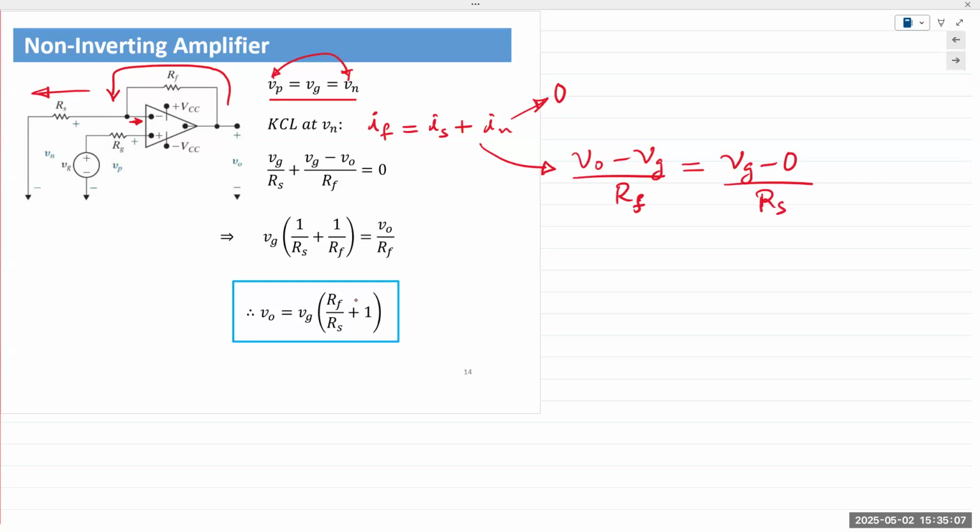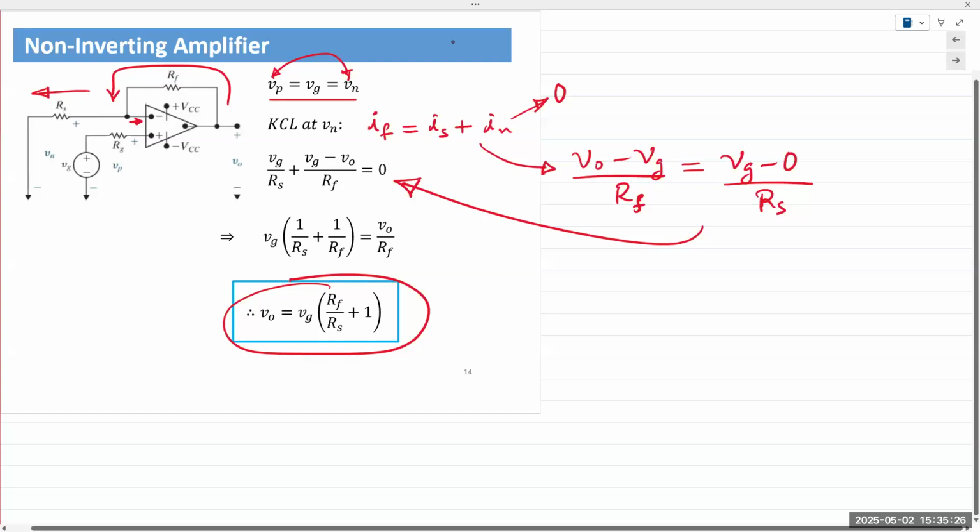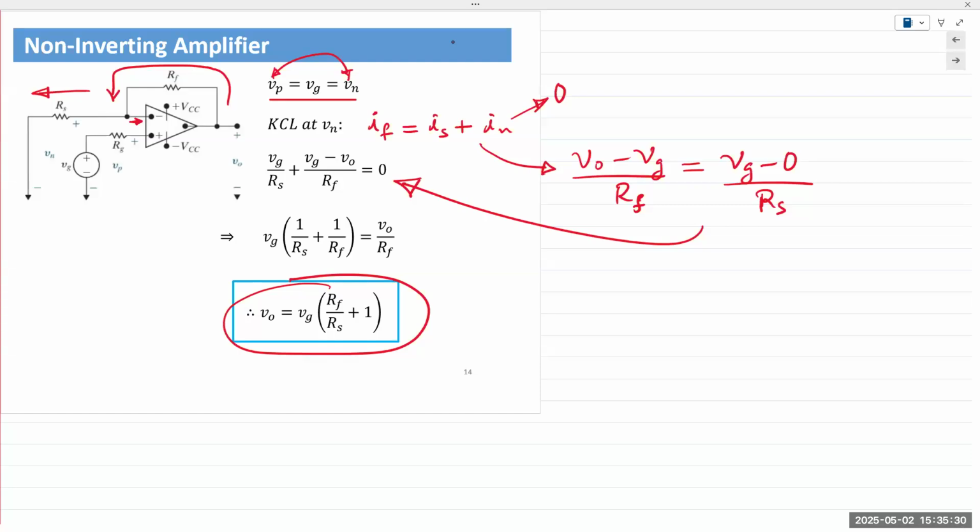If we take IF on the other side and rearrange the terms, we obtain this expression. Once we rearrange the terms to obtain an expression for VO, we obtain VO as equal to the input voltage VG times 1 plus RF over RS.